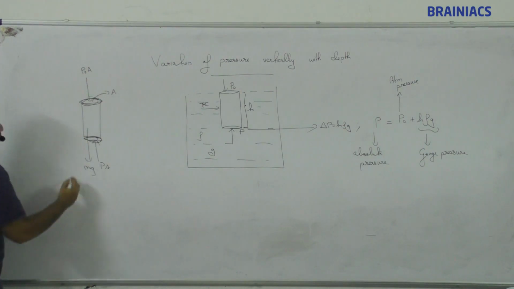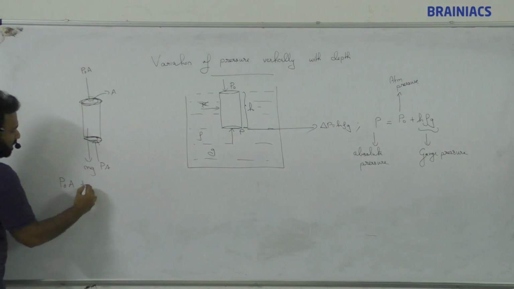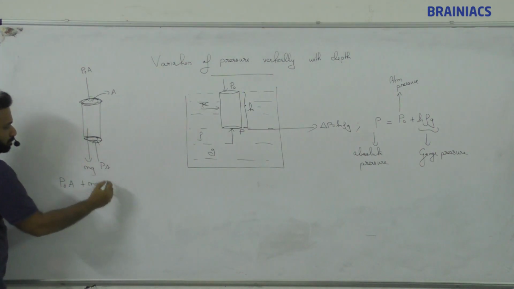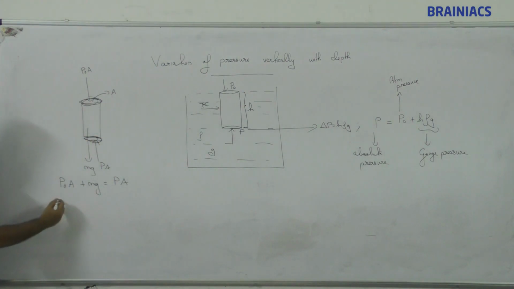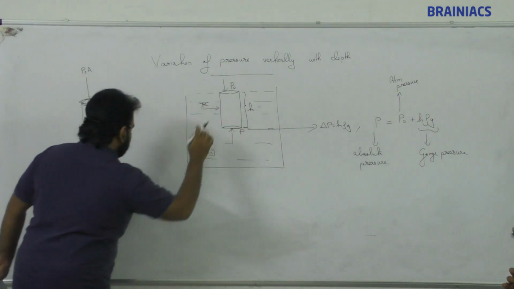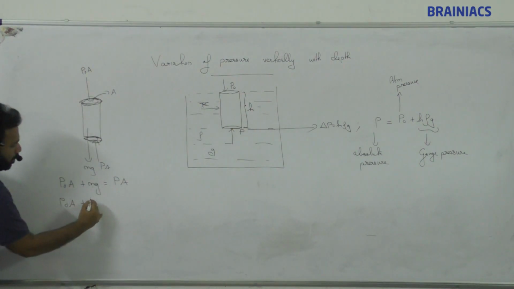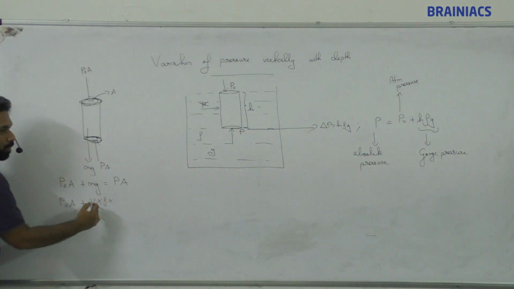So the downward force is P naught into A plus mg, which is equal to P into A. So P naught into A plus mass. Mass is volume into density, so volume into density into g.